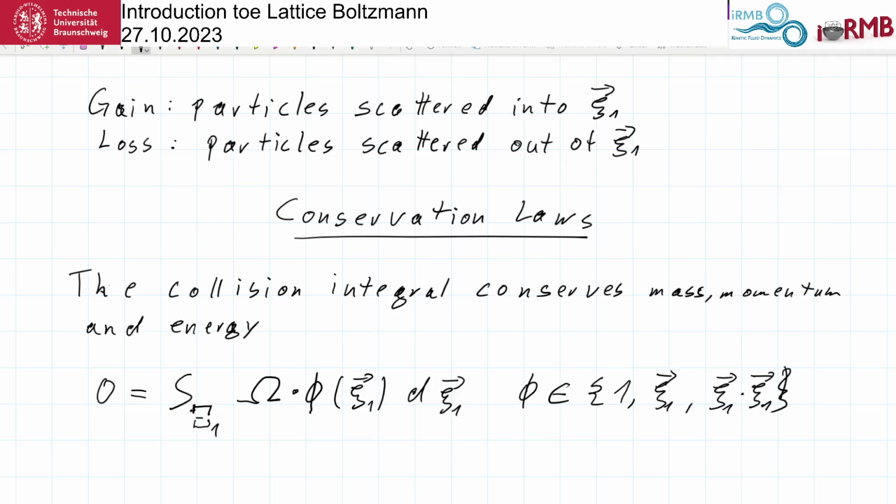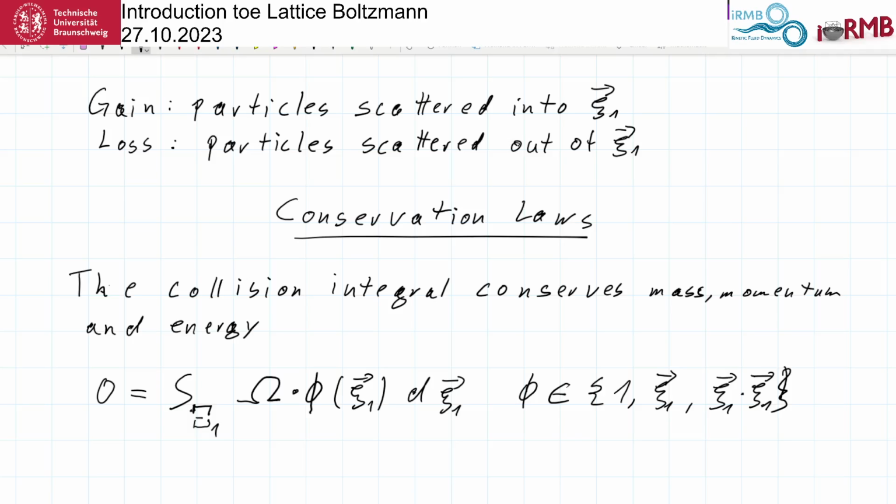So the thing is, if you just integrate over all collisions, you get the mass that is generated by the collision. If you multiply with the microscopic velocity and you integrate over all possible collisions, you get the momentum, yeah, the momentum generated by all possible collisions, and this should be 0.